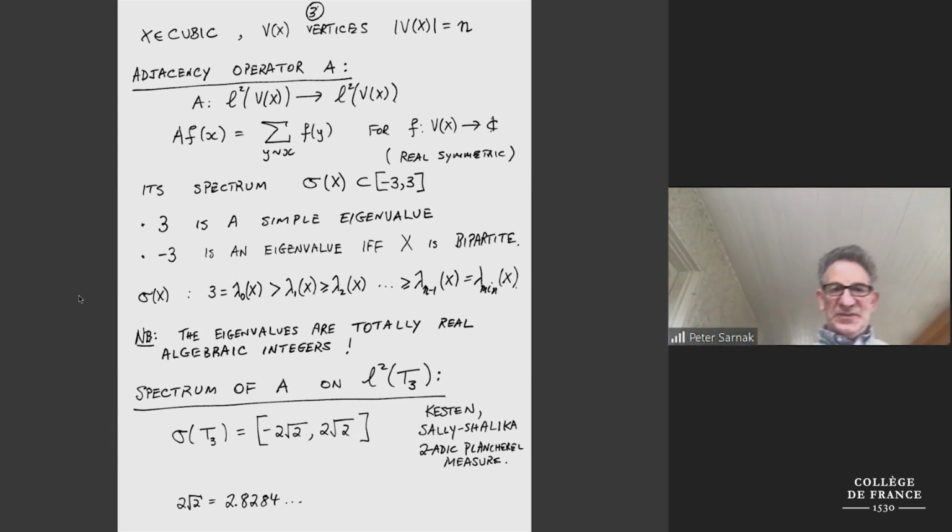All right. One other thing we need to know before we can start to ask and answer questions is the spectrum of the adjacency operator or matrix on the full infinite three-regular tree. This is not a trivial problem, and I emphasize here L2 of T3, meaning the Hilbert space of square summable functions from the vertices to the complex numbers.